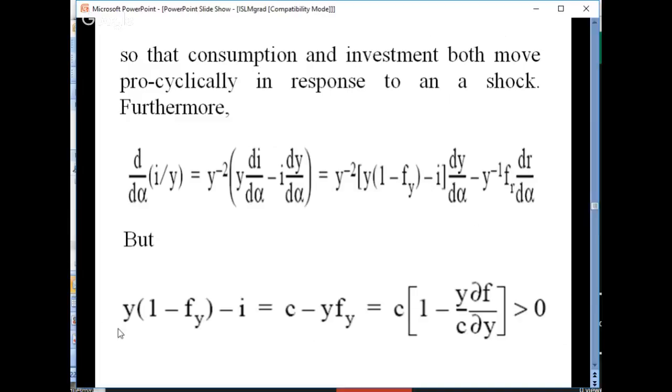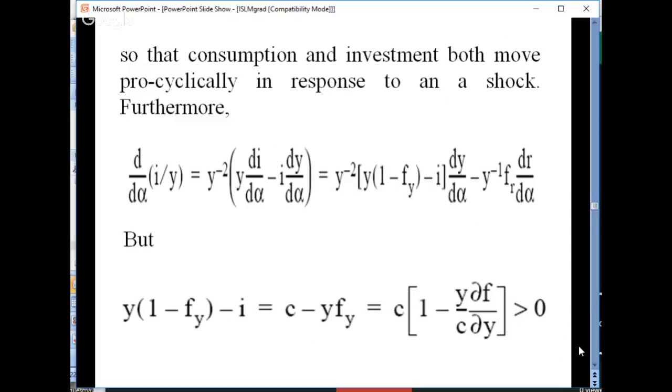But we know that y times 1 minus f of y, in other words savings, minus I, equals c minus y f of y, and that c times 1 minus y over c, partial of f, partial of y, has to be positive.